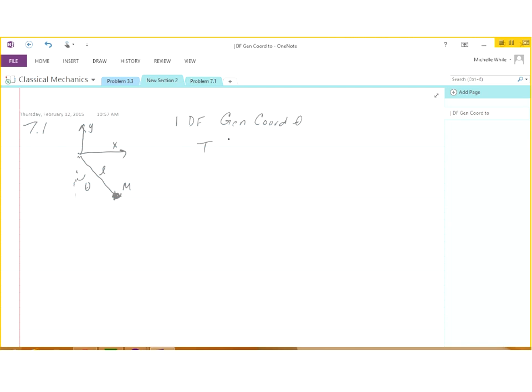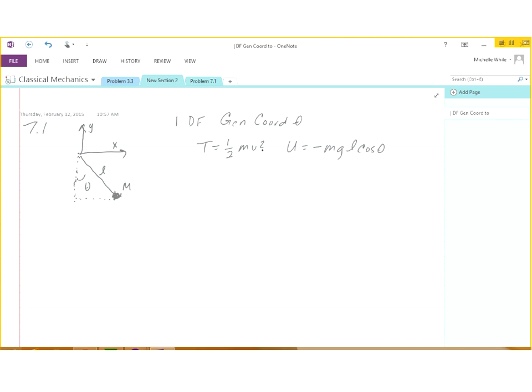So our kinetic energy is equal to 1/2 mv squared, and our potential energy equals minus mgL cosine theta. And you can see if this is theta, then cosine is, of course, along the y-axis, and it is in the negative direction, which is why we keep the negative sign.